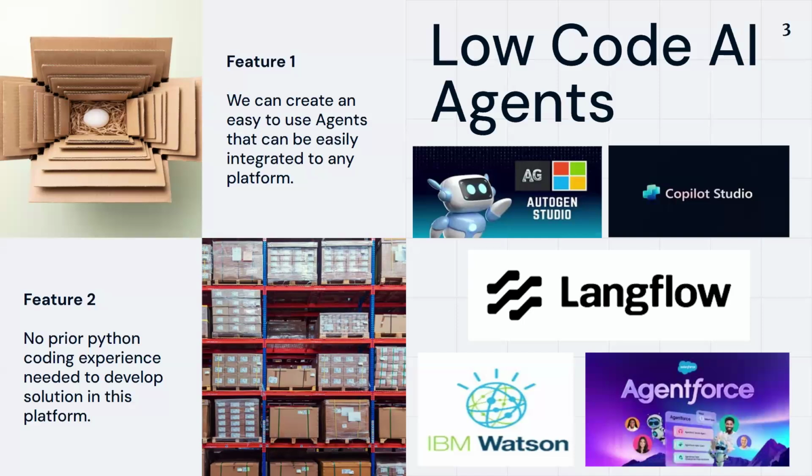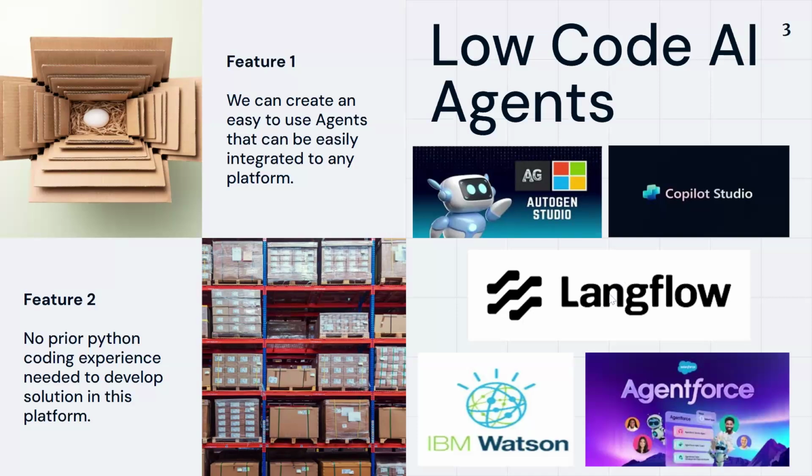Because these low code platforms give us a lot of inbuilt capabilities. That means you can create a module in a very small piece of time, and you don't have to write any code. These platforms give us those functionalities.